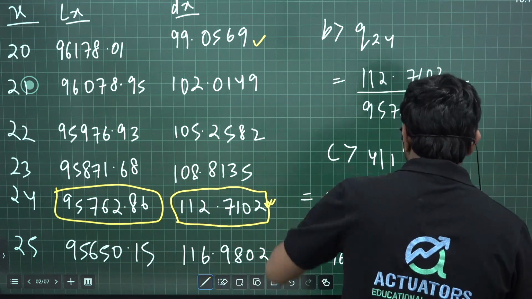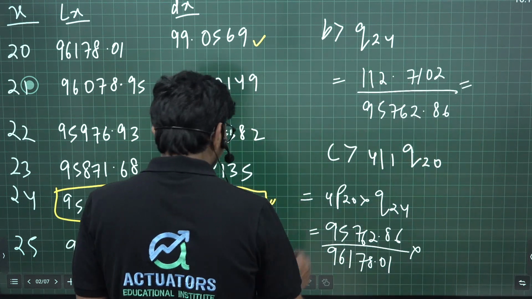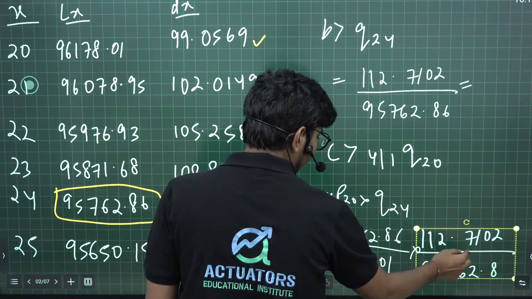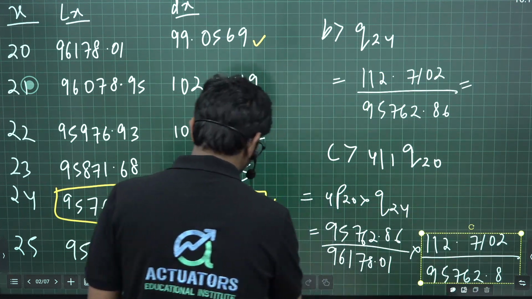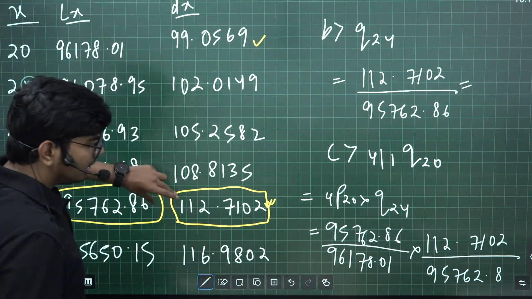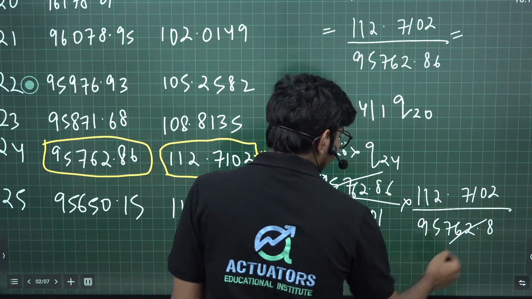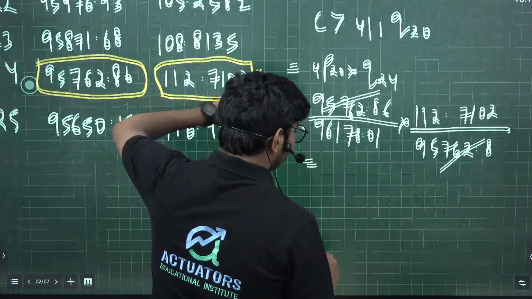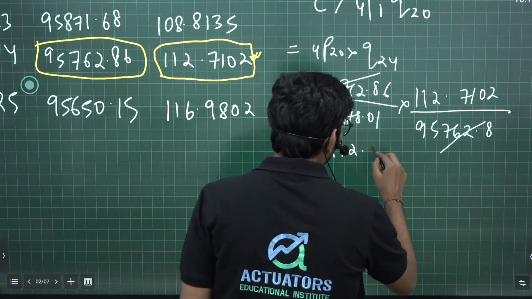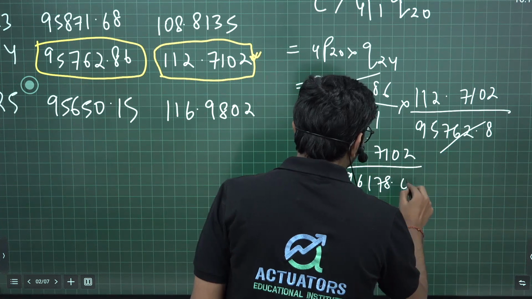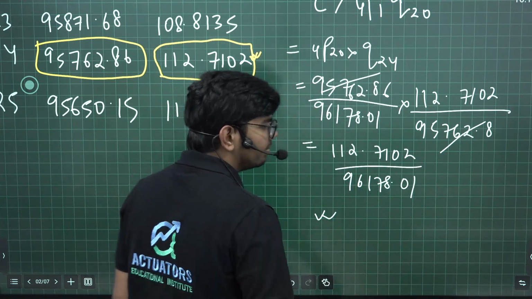So again, I can just simply use this value to get my answer. After solving this, I can just cancel this and this part, and I will get to 112.7102 divided by 96178.01. After solving this, I will get my answer.